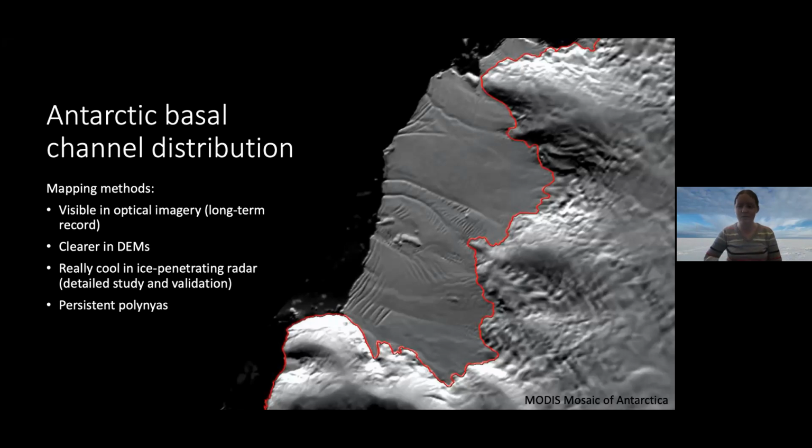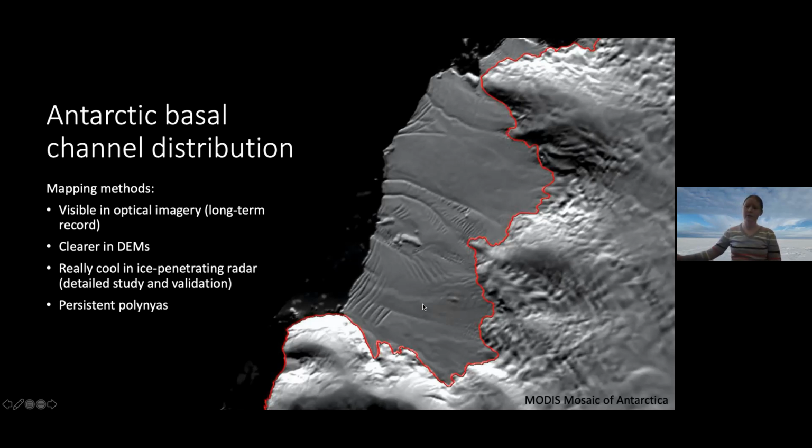Otherwise, the stresses just from the ice shelf hold it up. So they need to be large enough for that bending to occur if we're going to see them in optical satellite imagery. But these tend to be something like 1 to 5 kilometers across. So it's easy, I think, to forget looking at satellite imagery just how big these features are. They're upside down rivers, but they're very large upside down rivers.